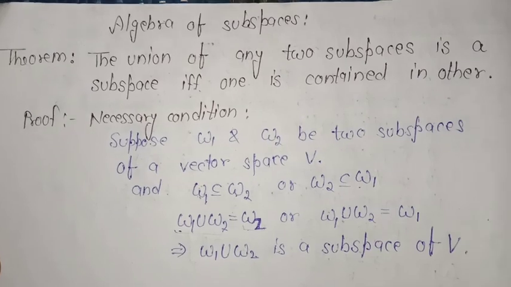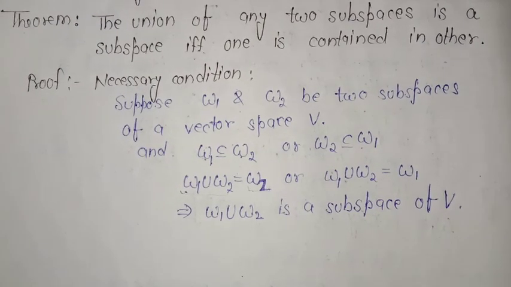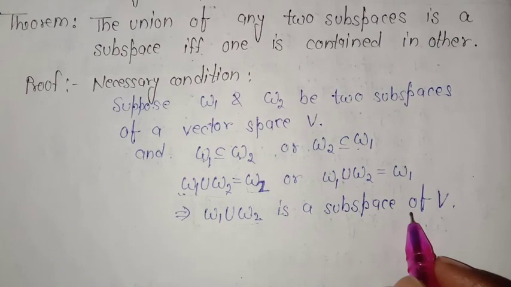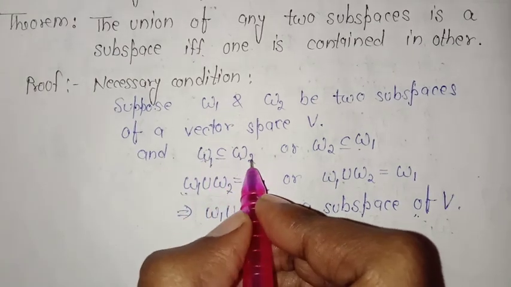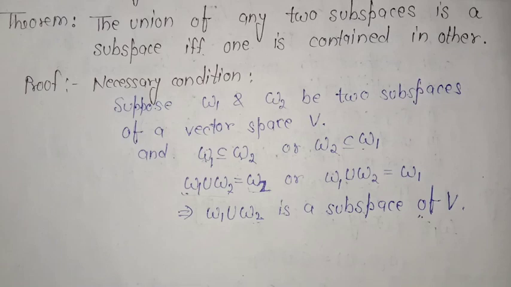Now we will prove the sufficient part of the theorem. In this part, we assume that W1 union W2 is a subspace of V, and then we prove that either W1 is contained in W2 or W2 is contained in W1.